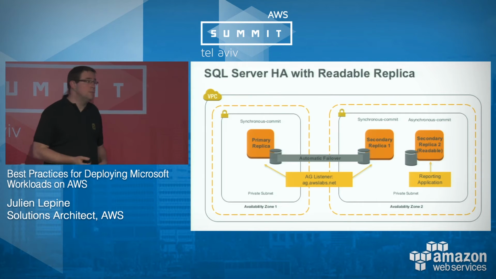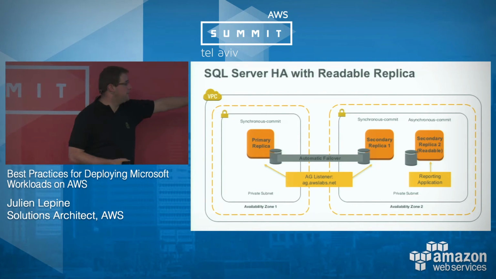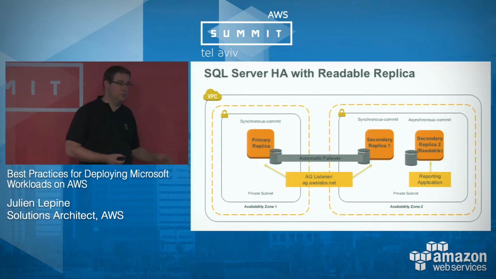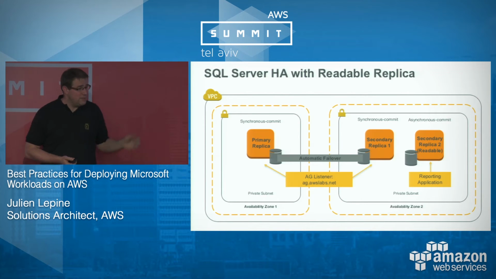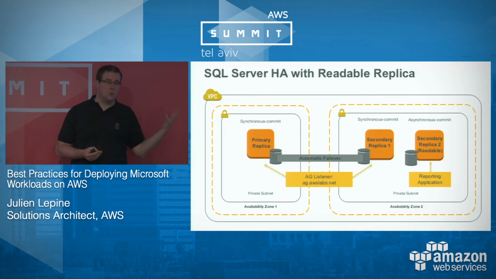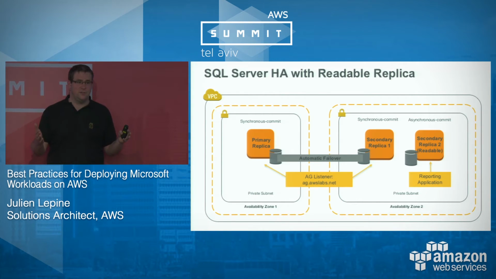What you can do also, if you have that setup with three, so every time I speak about primary and secondary, you can imagine that we have a third witness server somewhere else to make sure that we have the quorum for decision. Once you have that, you can extend it. Because what we've been speaking about up until now is having an active and a passive server.